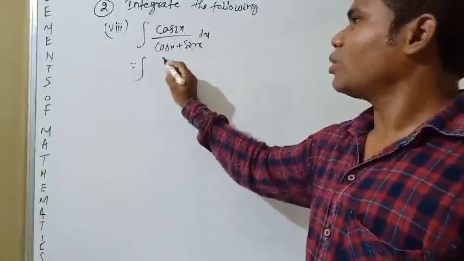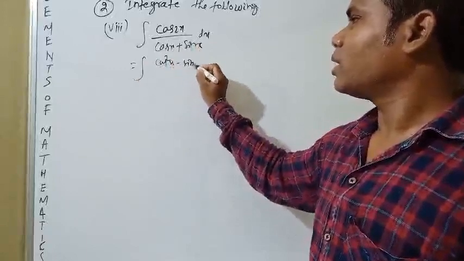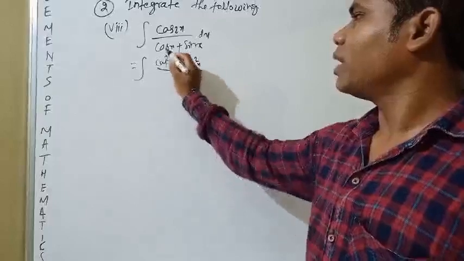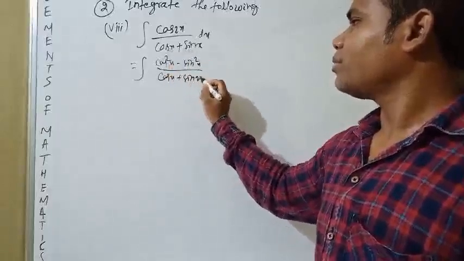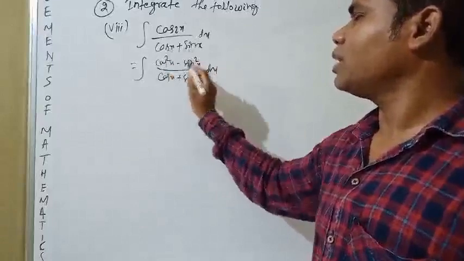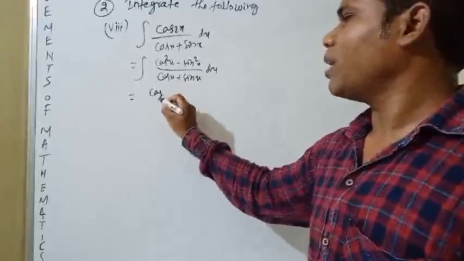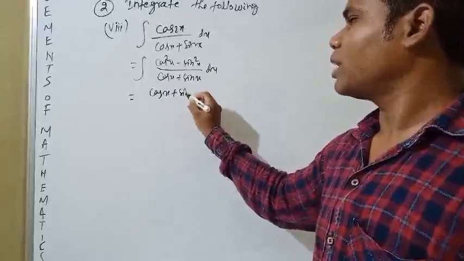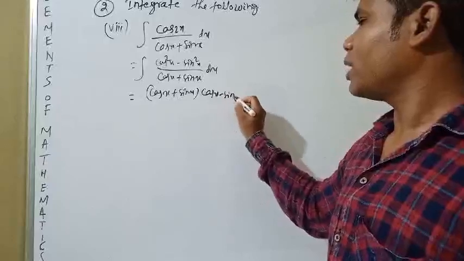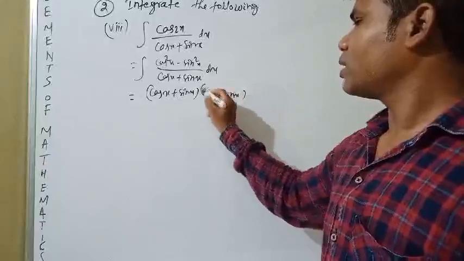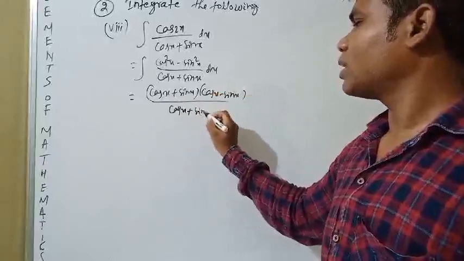Cos 2x is equal to, you know that, cos square x minus sin square x, divided by cos x plus sin x dx. You see, this is in the form of a square minus b square, that is (a plus b)(a minus b): cos x plus sin x into cos x minus sin x, divided by cos x plus sin x.